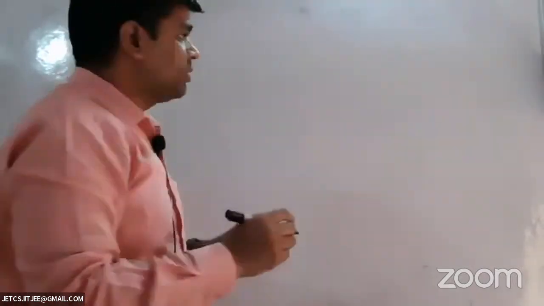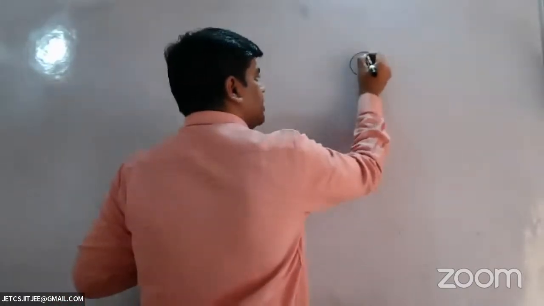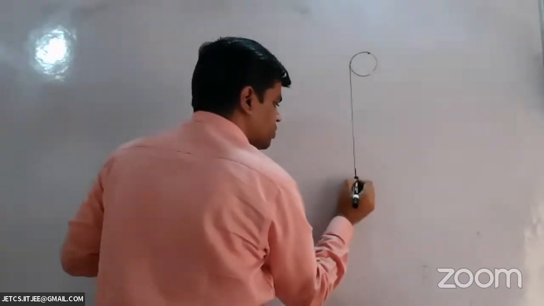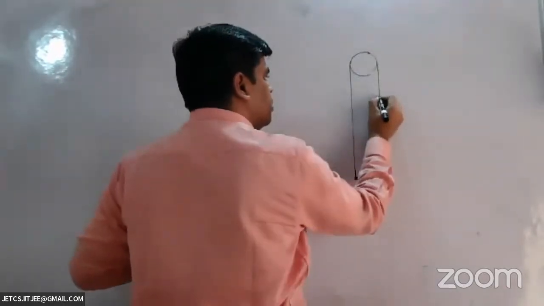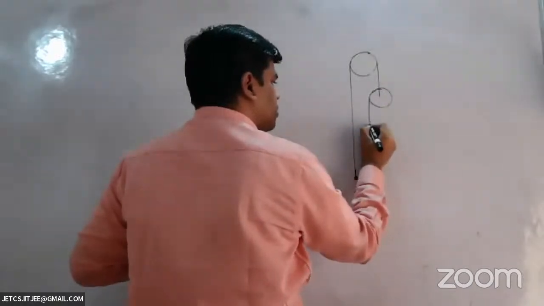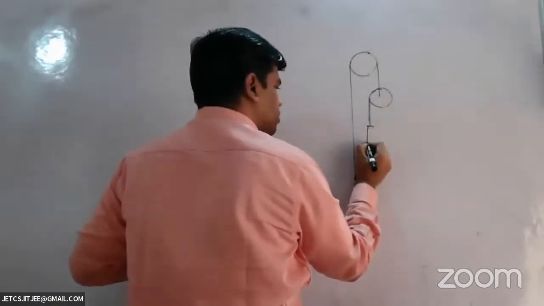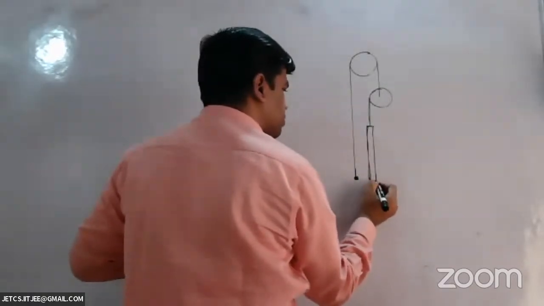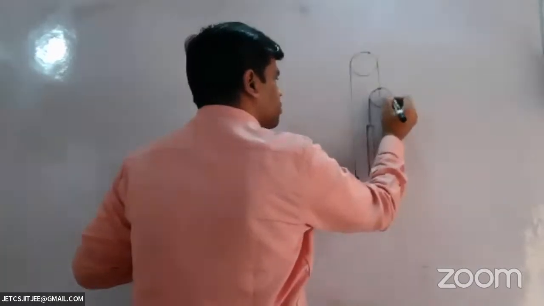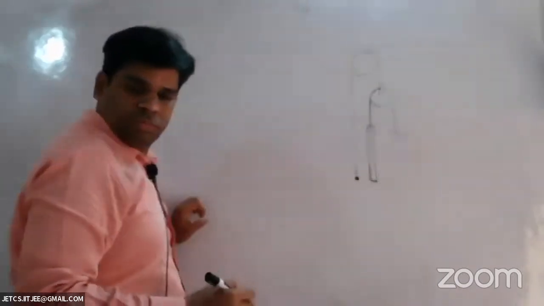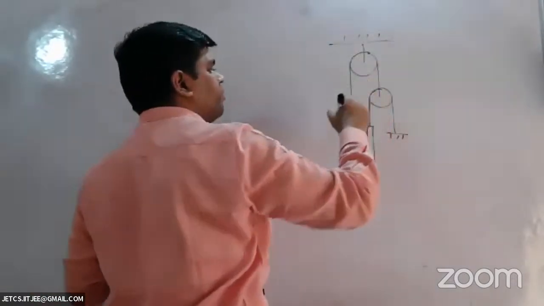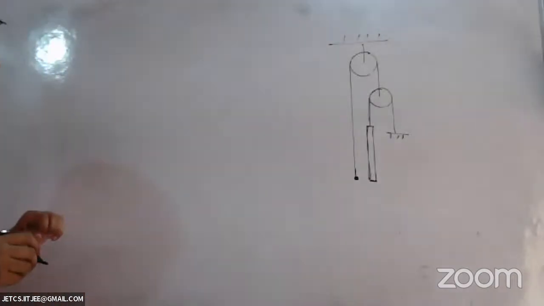All right, so I've got a problem saying there are two masses, M and M. This is the configuration.